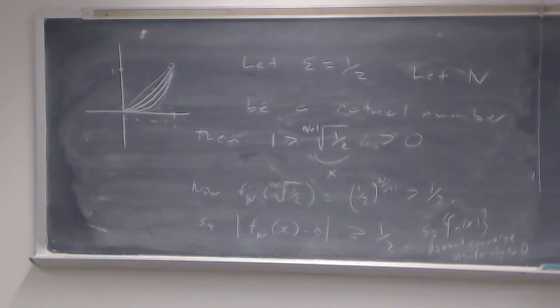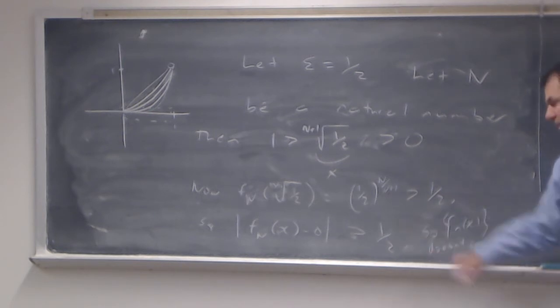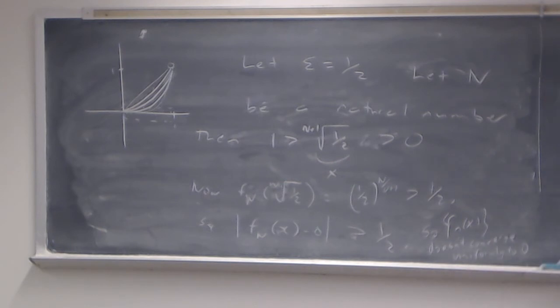Because I can produce an epsilon such that no matter what n you pick, no matter how far along you go in the sequence, there is an x in the domain such that f sub n of that x minus 0 would not be within epsilon units of each other. The definition of uniform convergence is not holding.